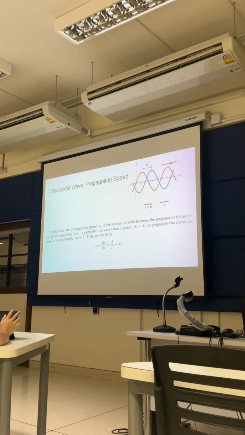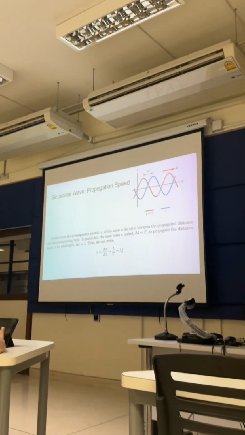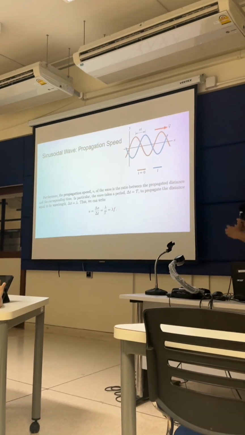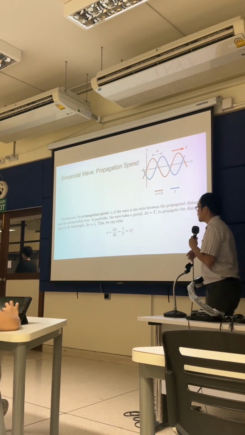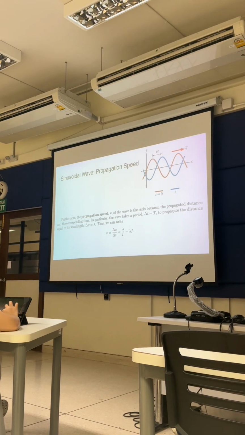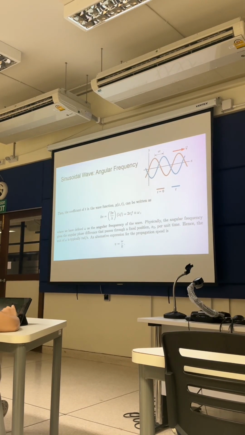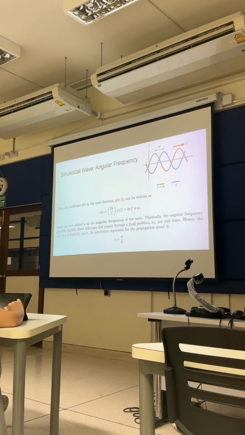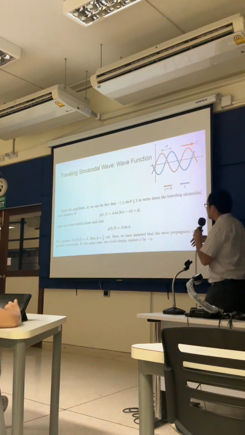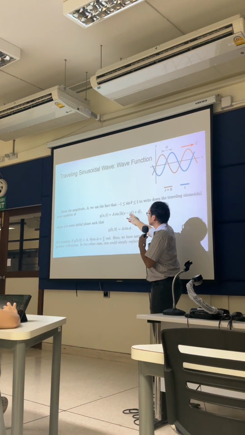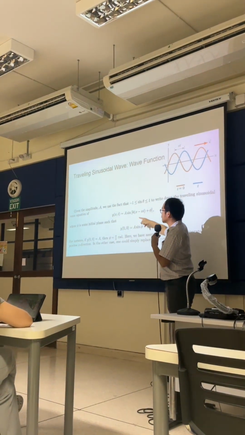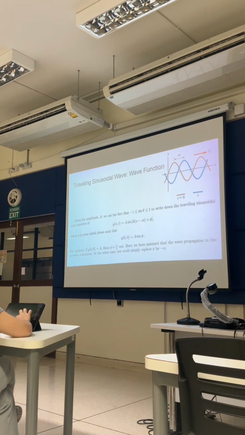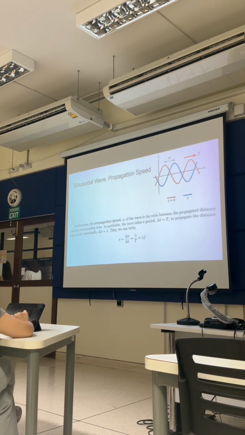Okay, with this propagation speed, we know that v is lambda times f, or lambda divided by T. We can put v back into the wave function. If we put lambda times f in, and k is 2 pi over lambda, the coefficient of t is just 2 pi times f.